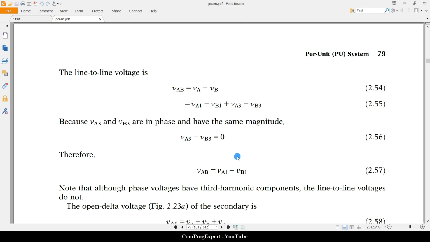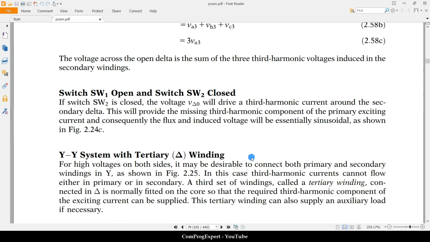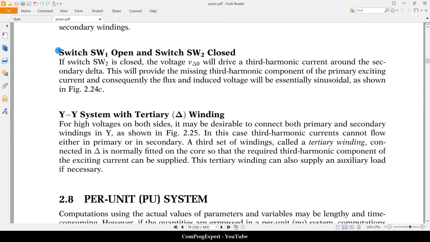So the next case, when SW1 is open and SW2 is closed. If we close SW2, the third harmonic voltage will drive a third harmonic current around the secondary.